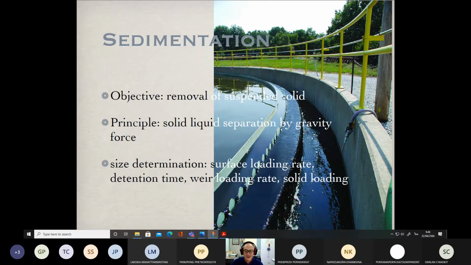If we don't have sufficient weir length, some turbulence may occur inside these tanks. The reason why we install the weir is that we want to minimize the turbulence, and minimize the effects due to the induced currents at the outlet.